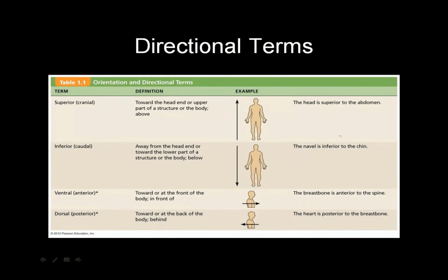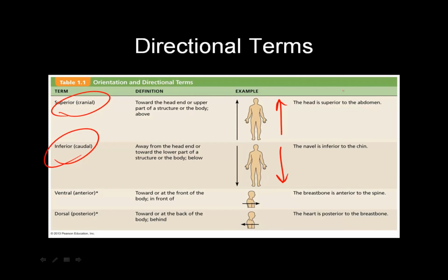The other thing we need to talk about in getting oriented with the human body is directional terms. There's a nice set of tables in your book that deal with this. Superior and inferior, also known as cranial and caudal. Caudal means tail. Superior, as this arrow indicates, is up, and this one's down.